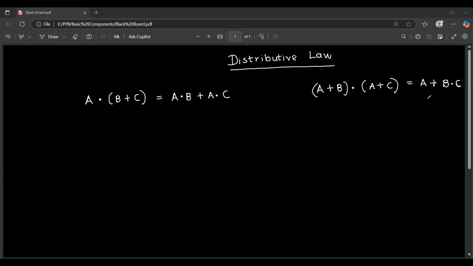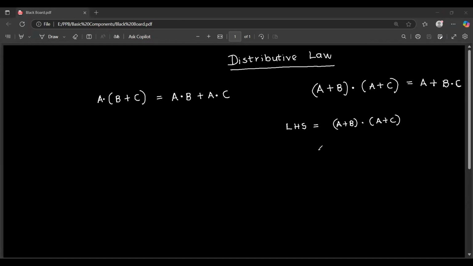I know this is a little bit confusing, so let's start from the left hand side: (a plus b) dot (a plus c).